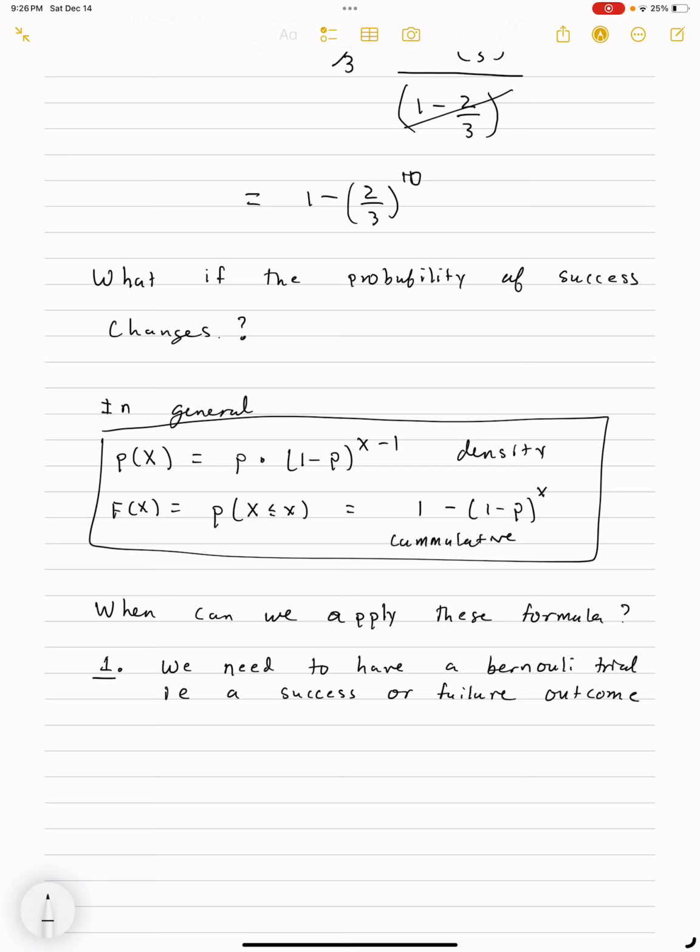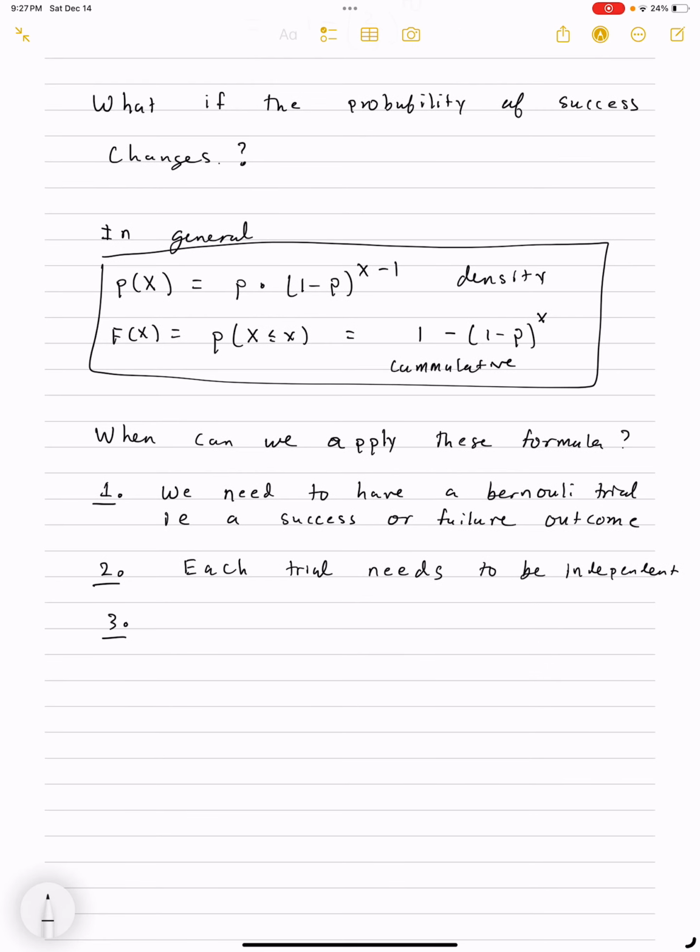Okay. The second thing is, each trial, in this case the toss of the die, needs to be independent, meaning one toss should not affect the other, which we clearly have. The third condition is we need a fixed probability p of success.